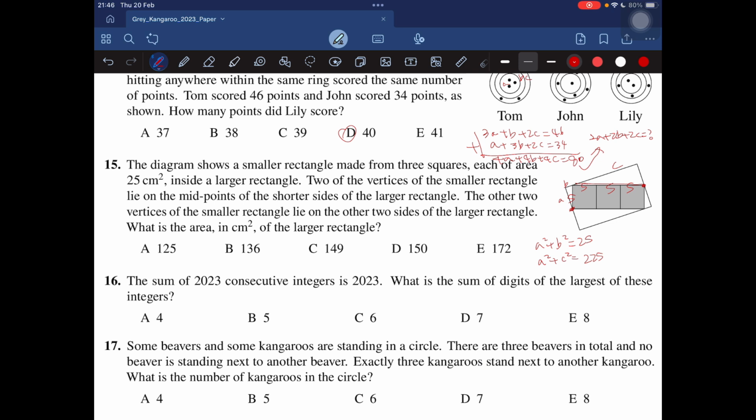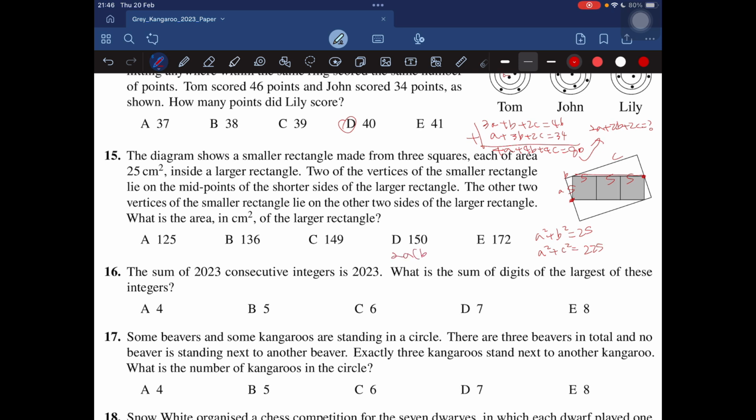So what we need to find is 2A times B plus C, the larger rectangle. So let's see. Maybe this is more difficult.